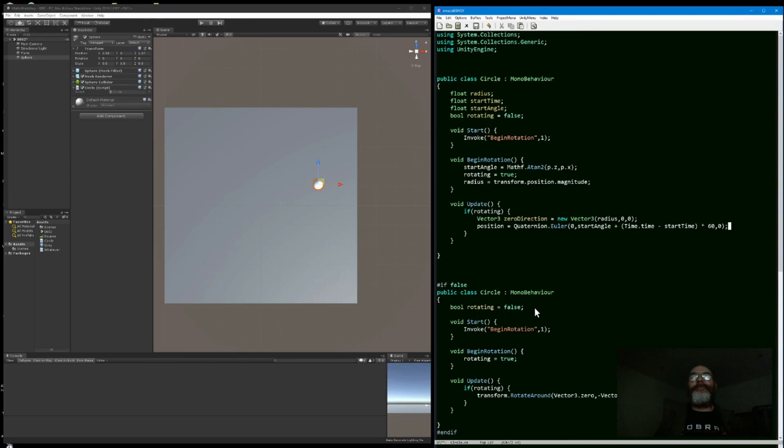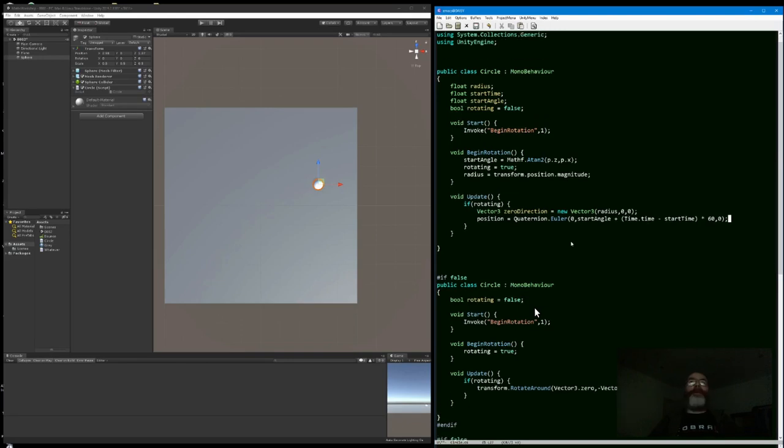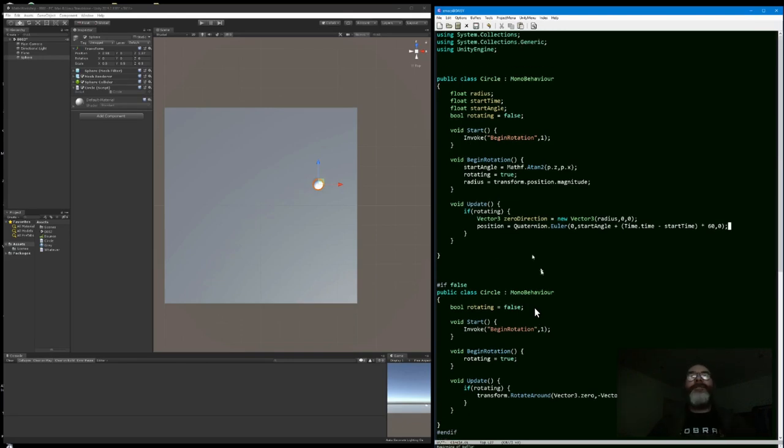So basically what I'm saying is I measure the amount of time from the start time and then multiply it by the number of degrees per second, and then add that to the start angle and use that rotation to rotate the initial vector, which is the one lying around the x-axis. And this, in theory, should work. We'll try it to see what happens.